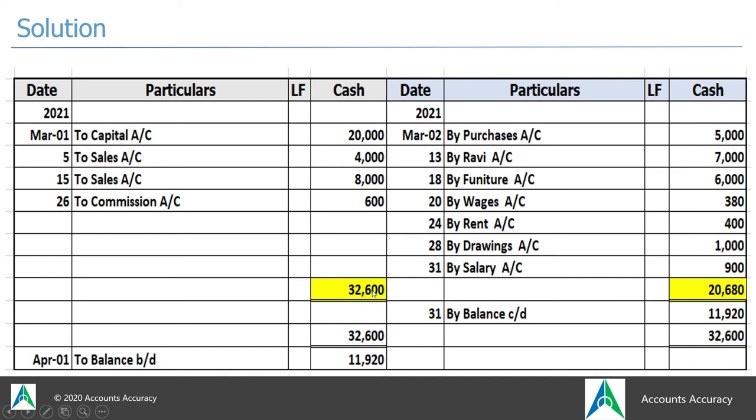Now as you are noticing, debit side is more than credit side, but both sides need to be equal, that is 32,600, 32,600. You have to anyhow make both sides equal. So simply write the greater amount at both the sides. That means this 32,600 will be written at both the sides. And then you will deduct 20,680 from 32,600.